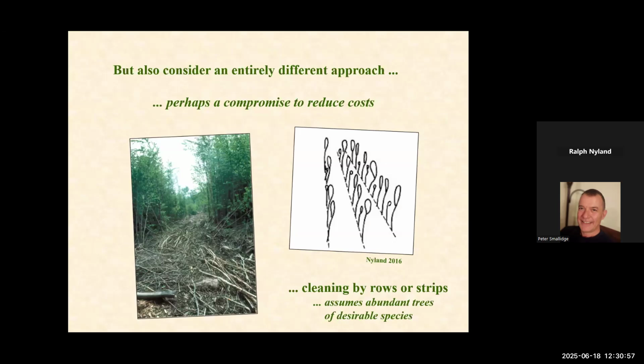Now, consider an entirely different approach, perhaps as a compromise to reduce costs. Let's call it cleaning by rows or strips, here assuming abundant numbers of desirable trees.